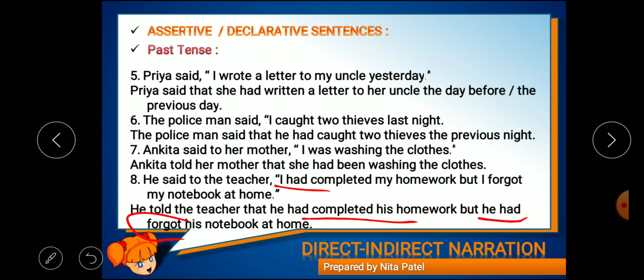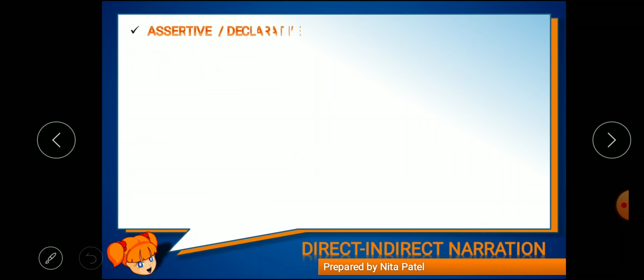I forgot to put the V3 form here. You don't say forgot. So he had forgotten his notebook at home. Okay, next.